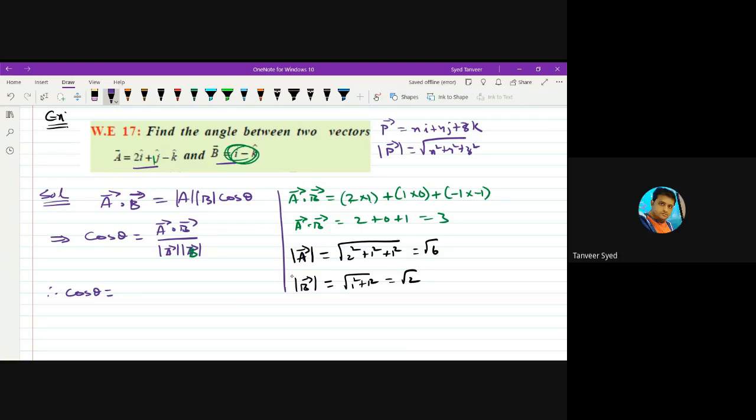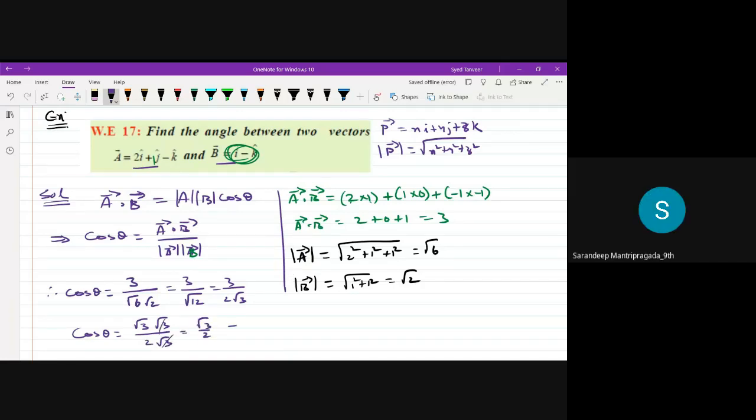So put A dot B and A, B values here. Cos theta is equal to A dot B, which is 3, divided by magnitude of A, root 6, and magnitude of B, root of 12. I can write root 12 as 2 root 3. So root 3 by 2.